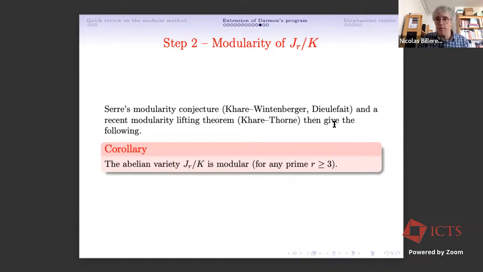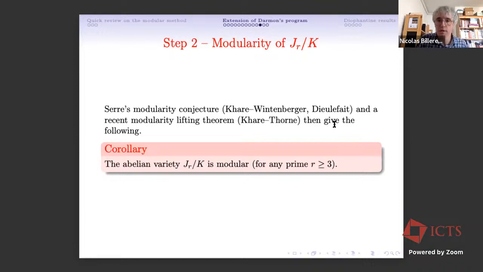And now that you know that the mod p_R representation is modular, you get that you have an R-adic lift, which is modular, and from the compatibility of the system, you get that the whole system is modular, and that's how you prove that the abelian variety J_R over K is modular.